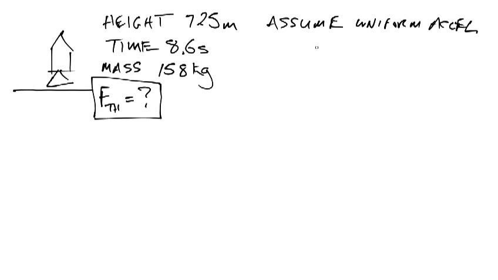And if you have a changing mass, chances are you're not going to have uniform acceleration. So for whatever reason, maybe this is a special type of rocket, in order for us to solve this, we're going to assume the mass is 158 kilograms, and that's a constant mass.